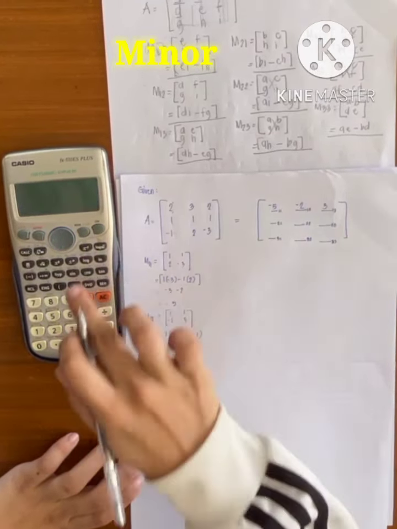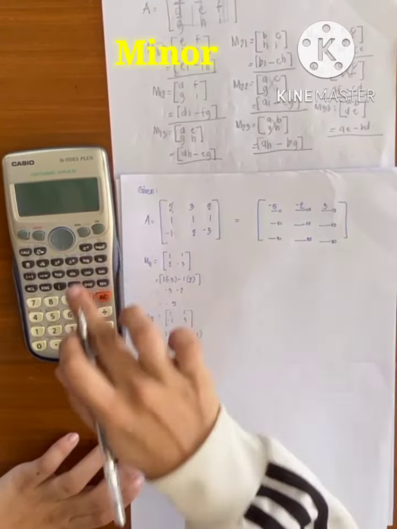Multiply: 3 times negative 3 minus 2 times 2. 3 times negative 3 equals negative 9, minus 2 times 2, which is 4. Negative 9 minus 4 equals negative 13.